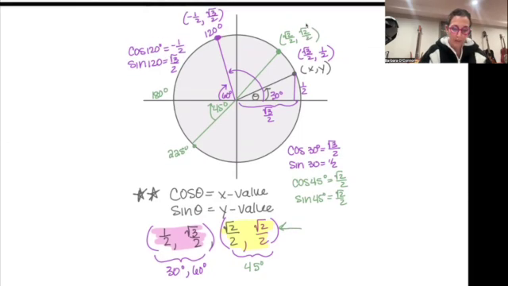And since I'm going left and down, both x and y are negative. So my coordinates here are negative root 2 over 2, comma, negative root 2 over 2, which means both cosine of 225 and sine of 225 are negative root 2 over 2.